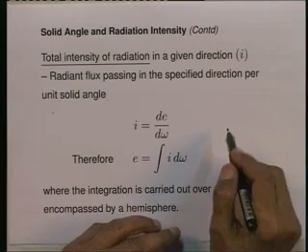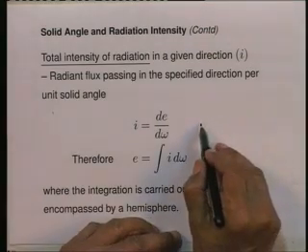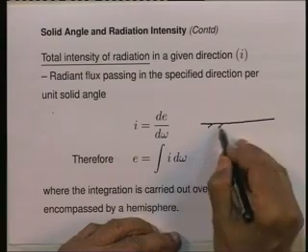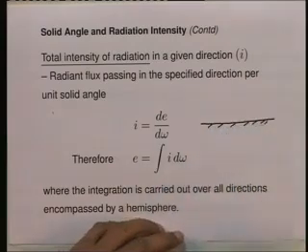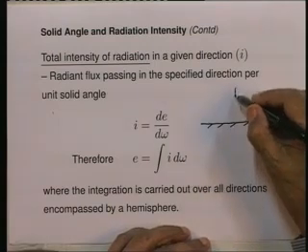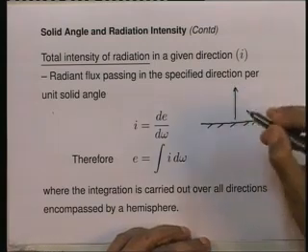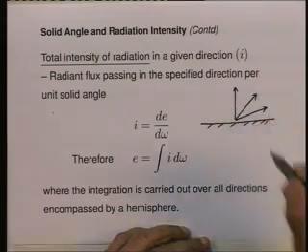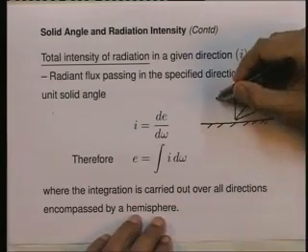What we mean is the following. Suppose I have a surface, and it is emitting radiation in all directions like this, in the normal direction, at an angle, all directions given by a hemisphere.